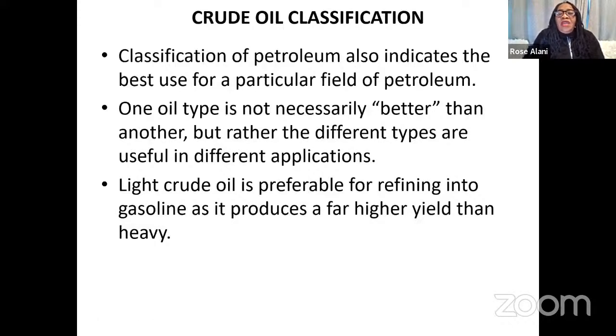So classification of petroleum also indicates the best use of a particular field of petroleum. One oil type is not necessarily better than the other because the different types are useful for different applications. Light crude oil is preferable for refining into gasoline because it produces a far higher yield than the heavy one.